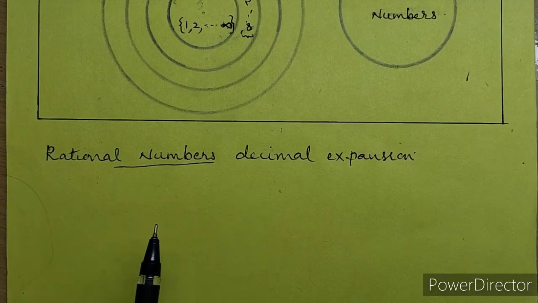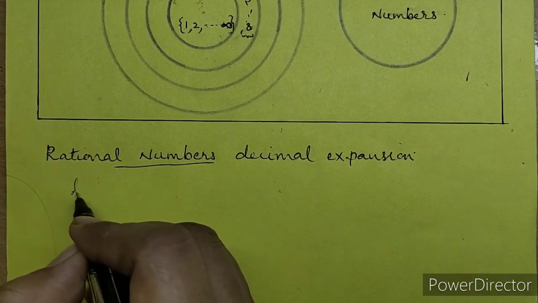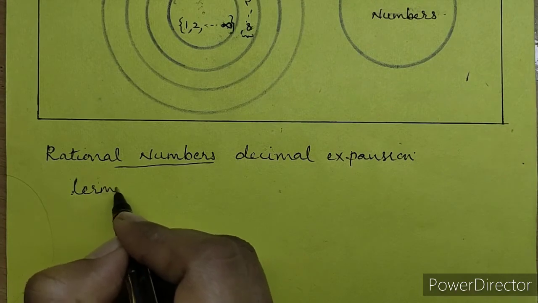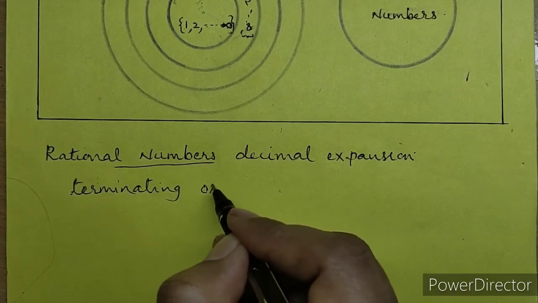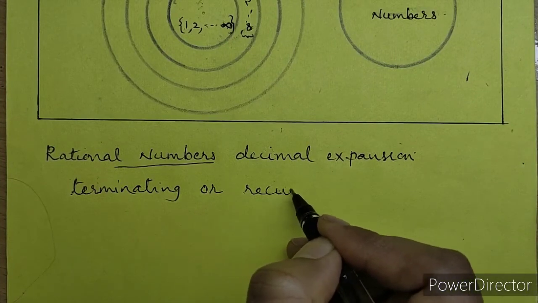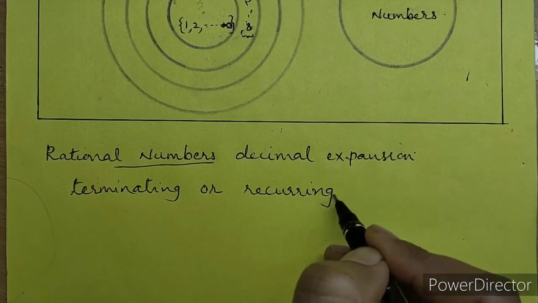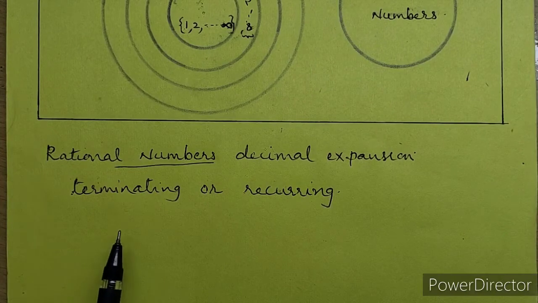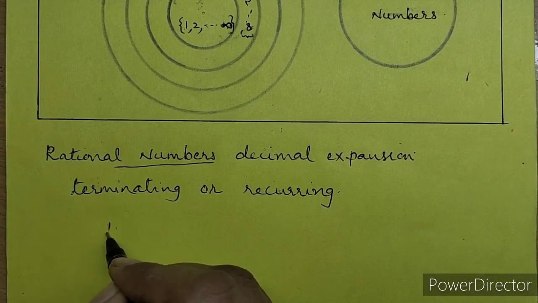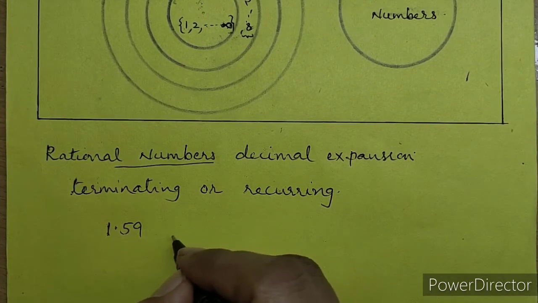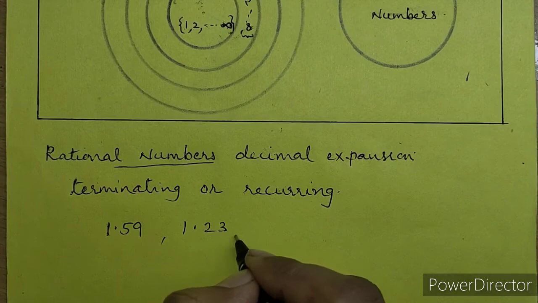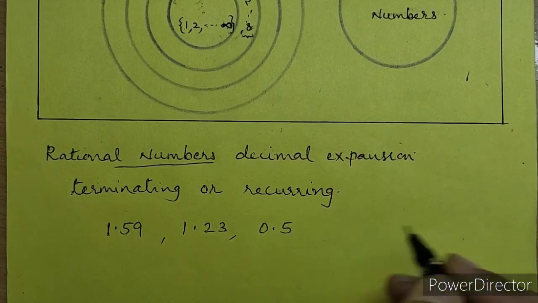The decimal expansion of rational numbers can be either terminating or recurring. Terminating means it stops, for example 1.59, 1.23, 0.5, etc.